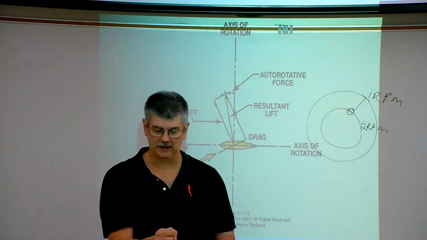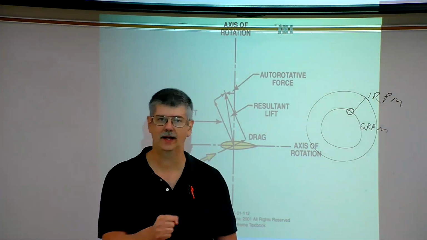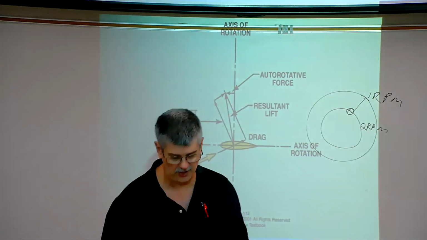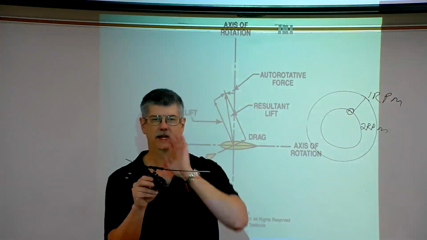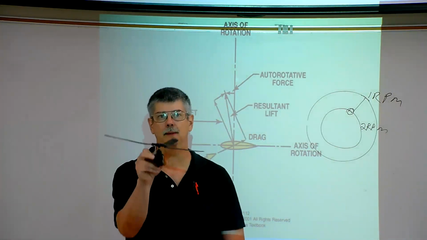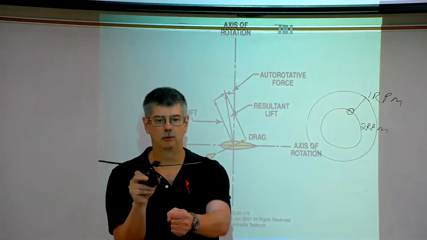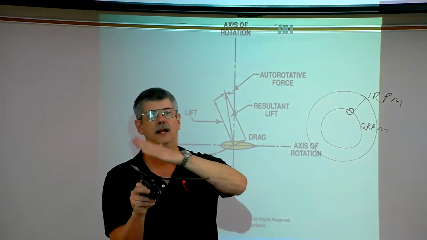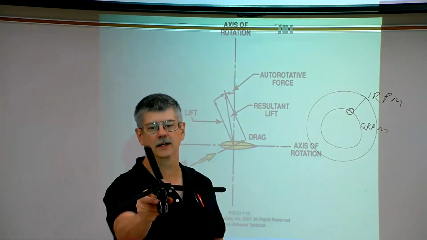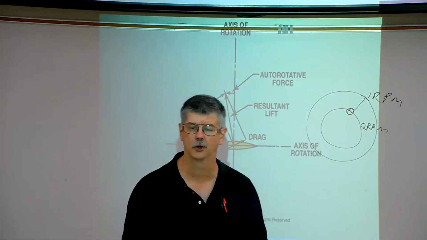The cyclic, when you push forward, back, left, right, changes the pitch of the blades independently, okay? So if we want to make the helicopter go forward, we push the stick forward, the blades pitch as they should, so that the helicopter then tilts forward and flies forward, okay?